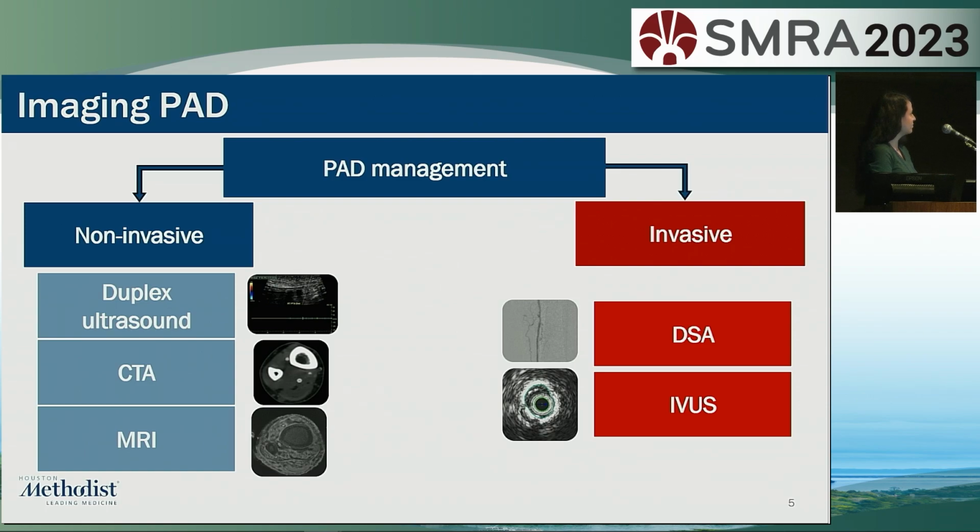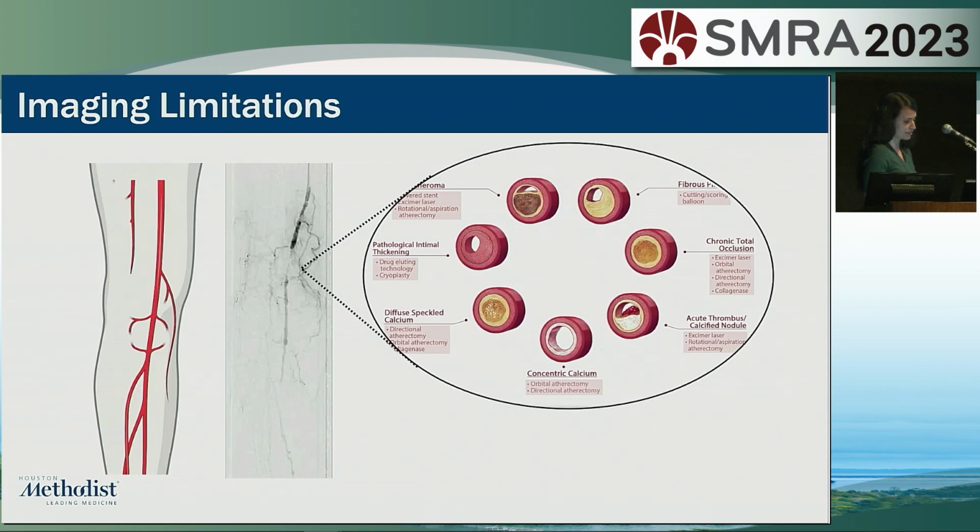MRI luckily has this unique capability of revealing soft tissue and hard tissue properties, as Dr. Karmonik already mentioned. And a bit more detail why it matters in PAD patients.